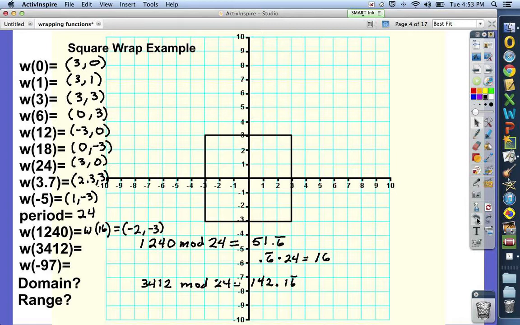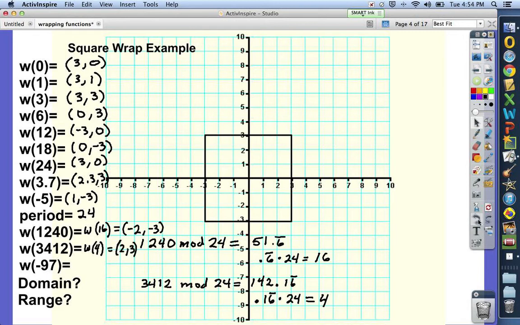Remember, when we divide by 24, that's the whole. So the whole 24 means the whole perimeter. So we have to go 0.16, 6 repeats there of the perimeter, simply multiply it, and that means we go 4 units. So this is going to be the same as a wrap of 4, which is 1, 2, 3, 4 units, the point 0, 3.